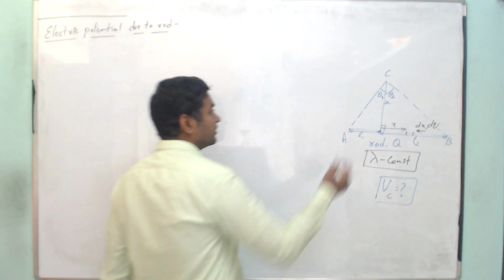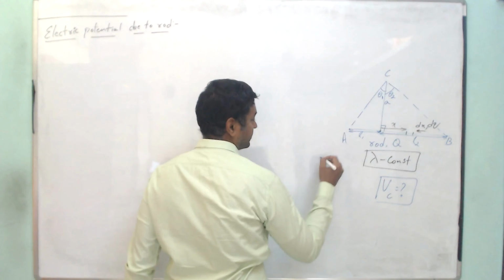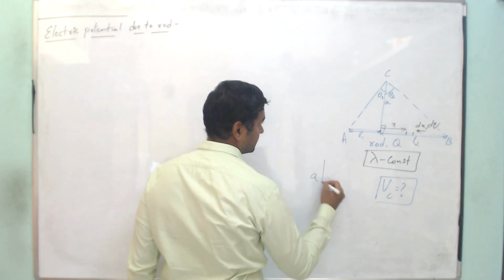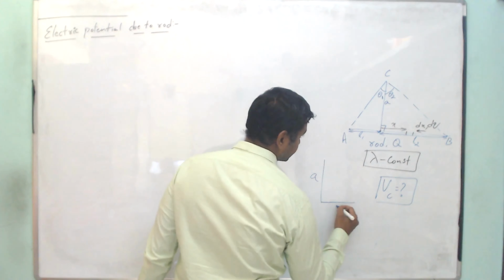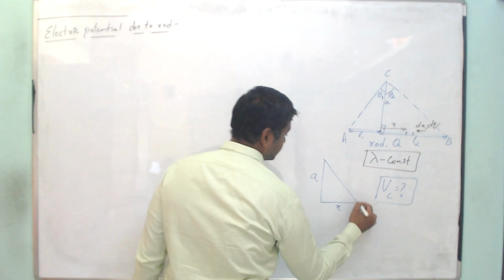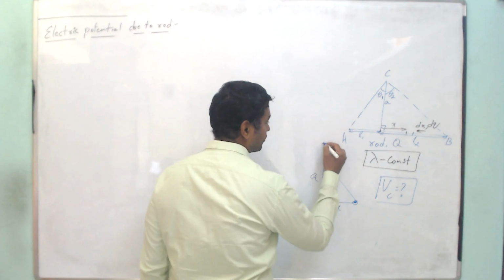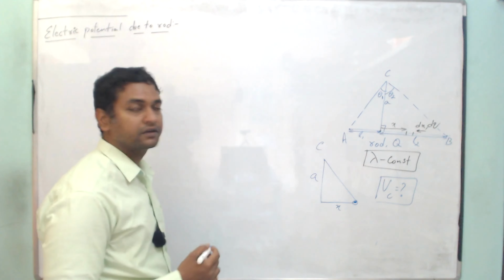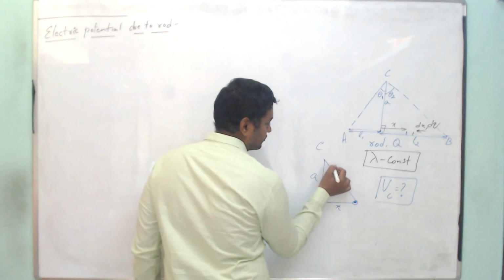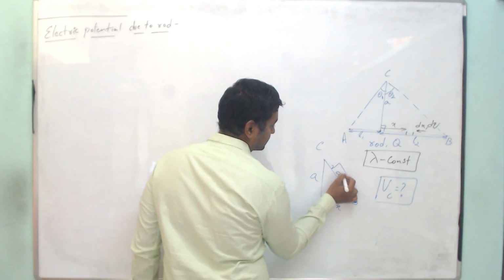If we look at this right angle triangle, this length is A, this length is x, my charge dq is over here, and point C is over here. The hypotenuse is square root of a square plus x square.